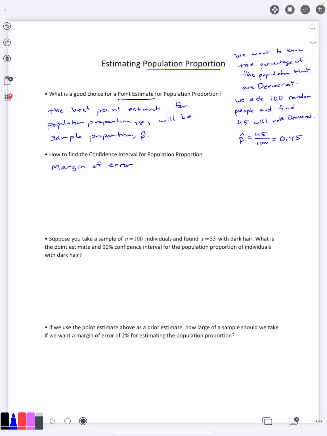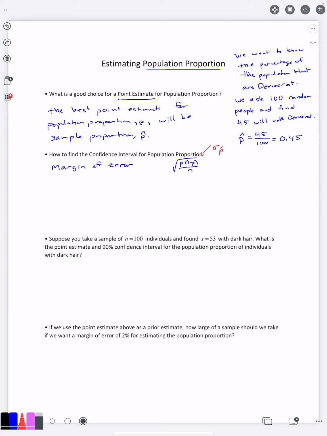In a previous part of this class, we looked at how far off you would be if you take samples from a given population, and we learned what the mean and the standard deviation was. The standard deviation for sample proportion was the square root of P times 1 minus P over N. You may or may not remember that. That was the formula for the standard deviation of p-hat.